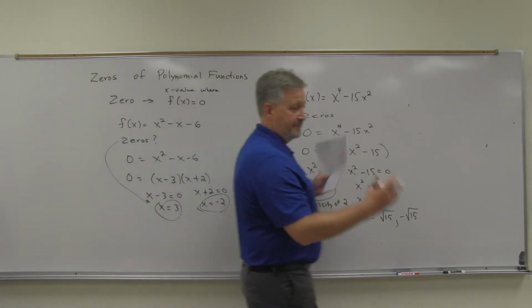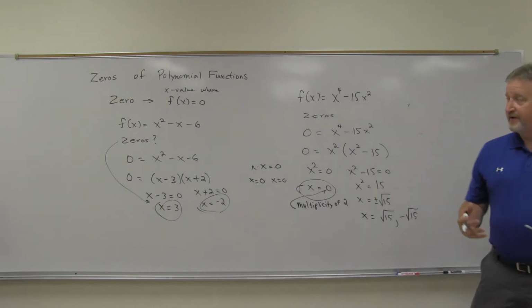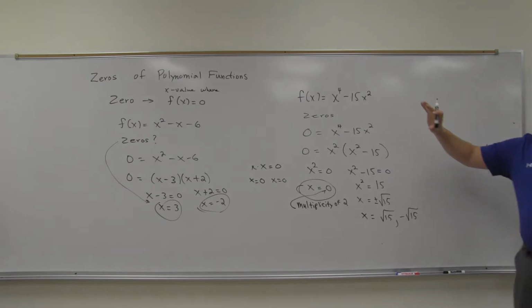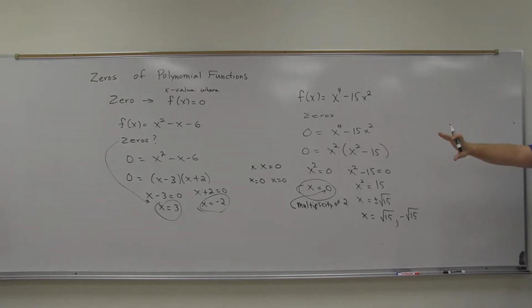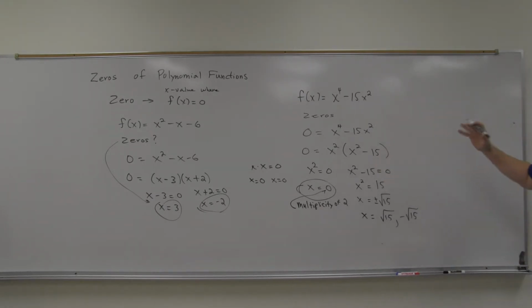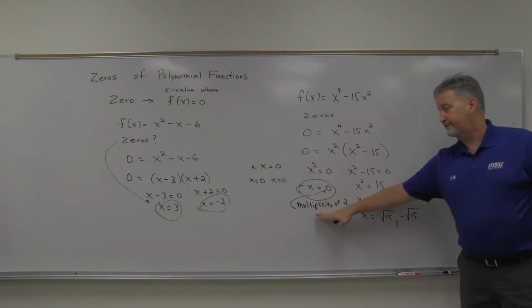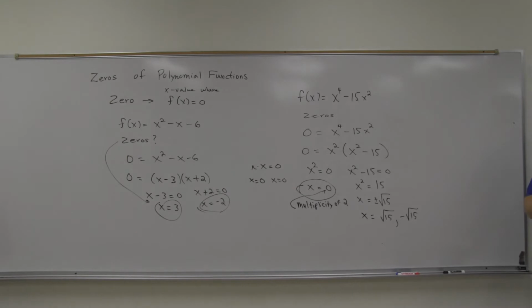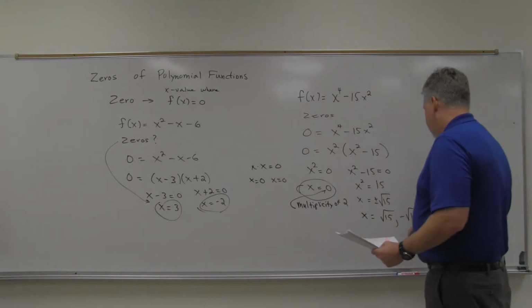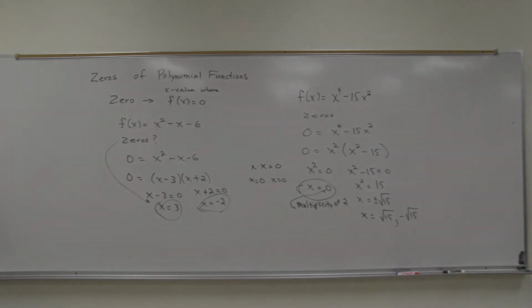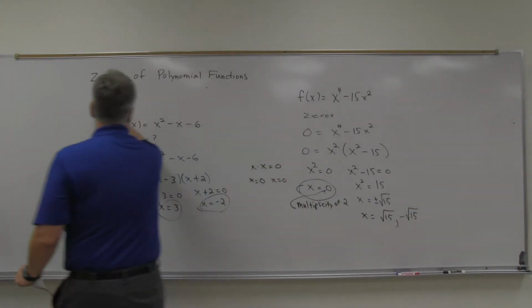Now, the ones on this assignment may not look quite like this. They may start out already factored, but it's still a similar process. You don't even have to factor it, but we'll be concerned about the multiplicity. They'll ask us to give the zeros and the multiplicity, so that's what we're going to do in these next couple of problems.